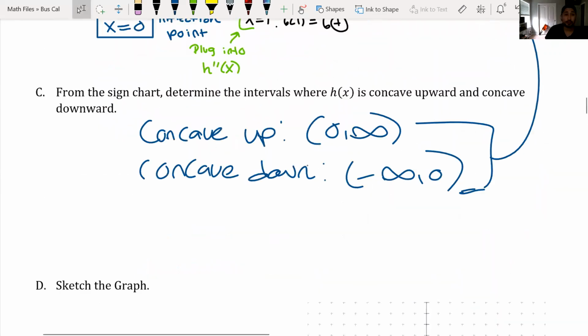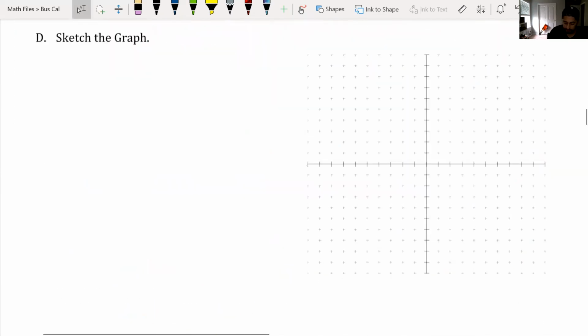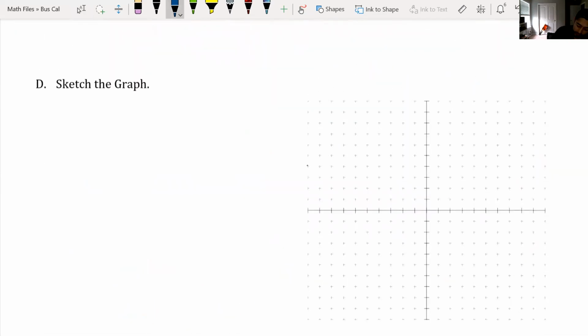Now it says sketch the graph. So like all the other ones, I'm going to take the original function, rewrite it. H of x equals x cubed. And the first thing I want to look for is x-intercepts.